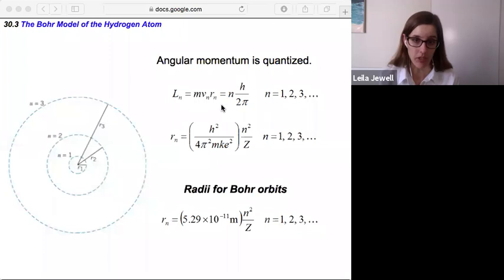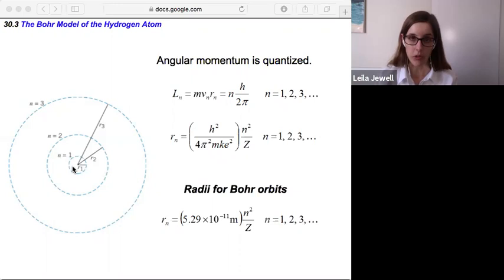So with those assumptions, you can solve for the radius, along with the energy equation, and get that the radius is equal to Planck's constant squared divided by 4 pi squared divided by m divided by k divided by e squared times n squared over Z. That's a lot of constants out in front, so you can calculate those and get that the radii for Bohr orbits is just going to be 5.29 times 10 to the negative 11 meters times n squared, which tells you what energy level you're on, divided by Z. So for hydrogen, Z is equal to 1, and then you can just plug in whichever n value you're at.